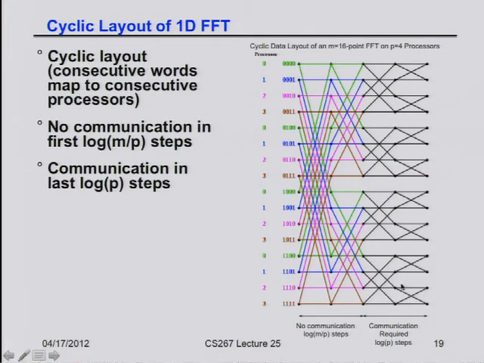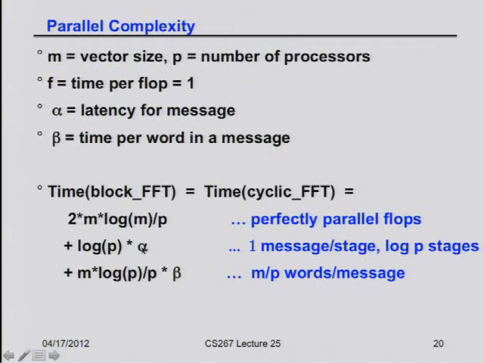There's only log p of those layers. So there's log p alpha, latency cost. And then how much am I actually sending? Well, every processor has to send everything it owns to somebody else, basically, in those last layers. So that's m over p, and there's log p layers, so it's m over p log p times the reciprocal bandwidth, beta. So that is for both.